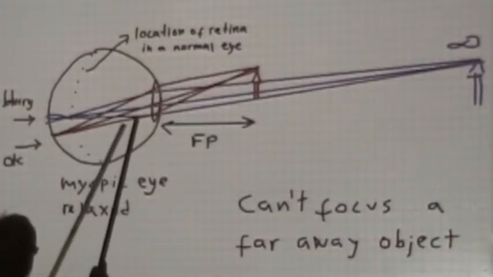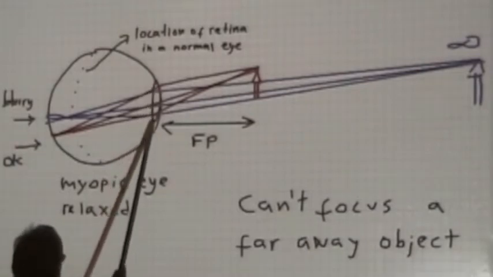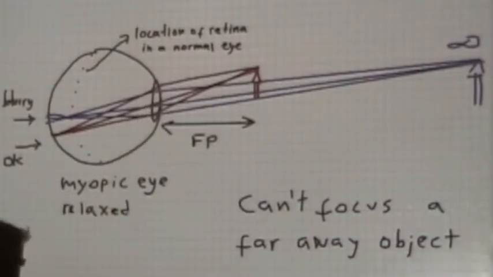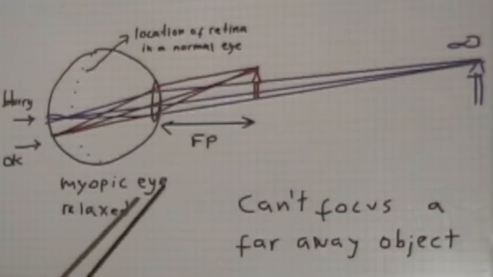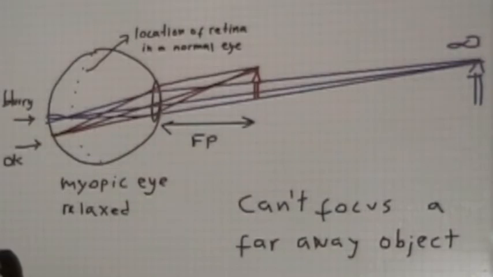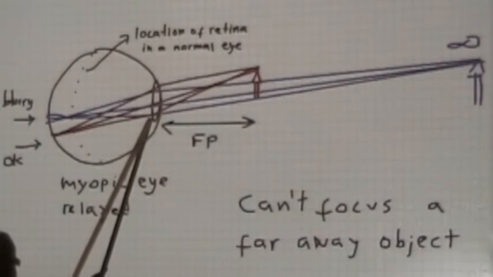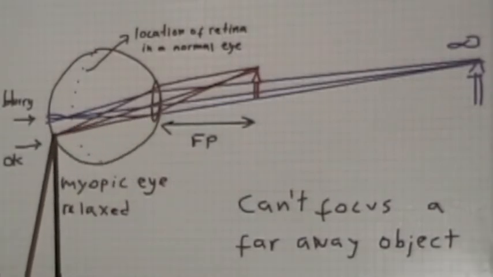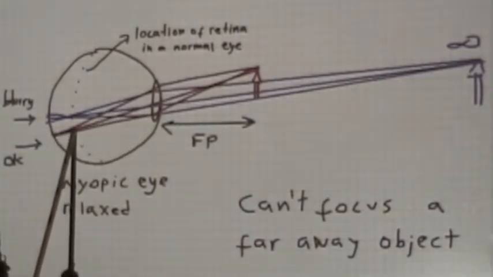At this point, we're looking at the crystalline lens fully relaxed, so there's no accommodation. And we're doing that because if it was not relaxed, that is, if there was some accommodation going on, that means if it was squeezed by the ciliary muscles, then the focal length of the lens would be shorter, which means that this image would move this way.